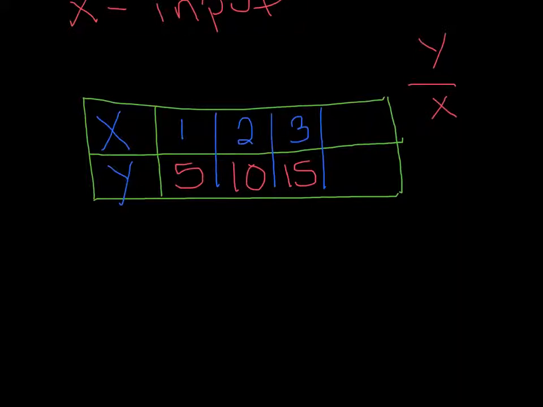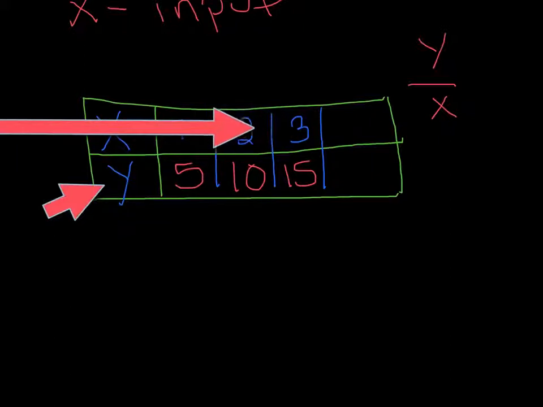So if I'm trying to find the constant of this table here, I'm going to take my x, I'm going to take my y, and my y will be this row right here. All these numbers, those are my y values, okay? And so my x values will be all these numbers right here.